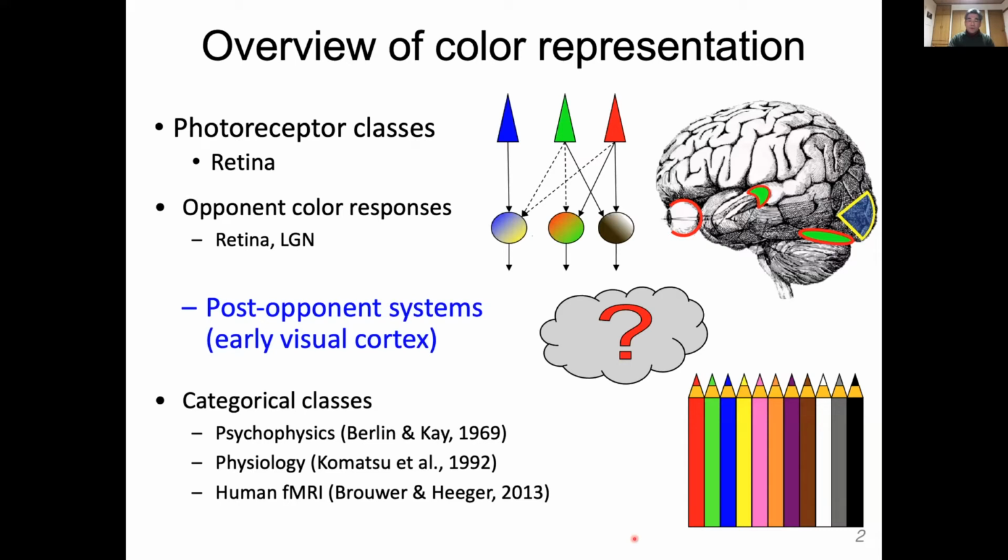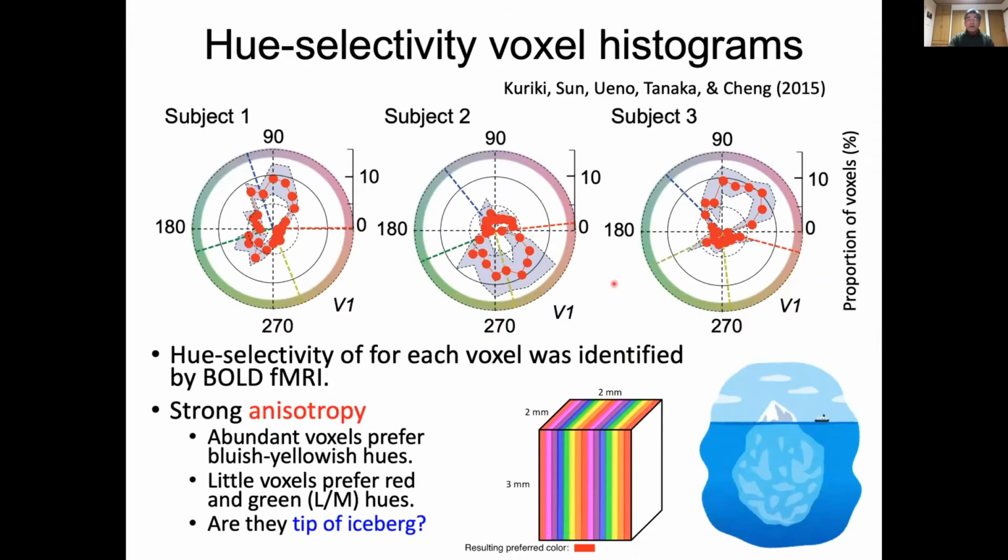In one of our studies with fMRI, we identified the number of voxels selective to each individual hue. Here is the result of a study published about 5 years ago, which identified the hue selectivity of each voxel using the BOLD fMRI technique.